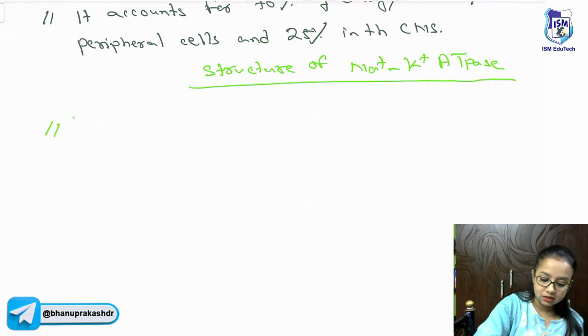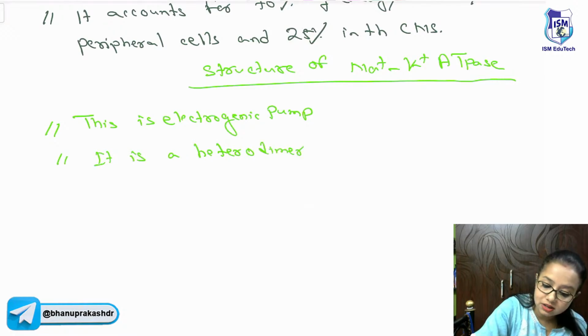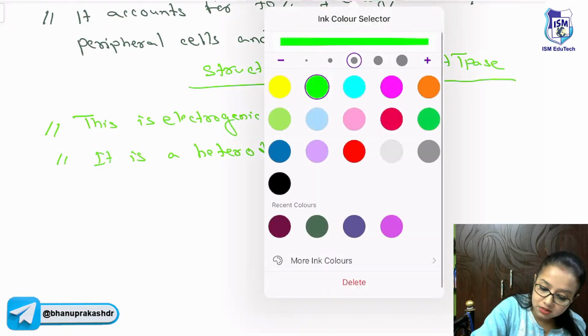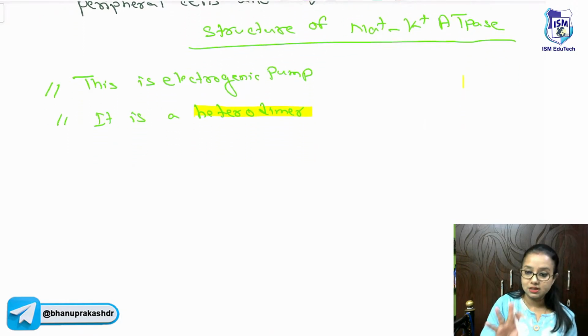First of all, this is an electrochemical pump and it is a heterodimer. So the term heterodimer, what do we mean by the term heterodimer? Dimer means it has got two subunits, right? It has got two subunits and the subunit has multiple sites.